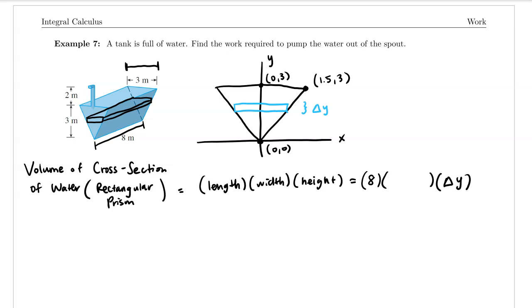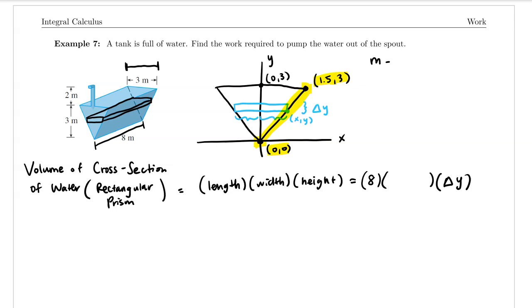The way that we're going to figure out the width is we need to figure out the distance from here to here. If this point right there is (x, y), I need to combine it with that point there. So I want to use this ordered pair and this ordered pair to create an equation for the line segment that I'm highlighting, so that I can find the width of my slice of water.